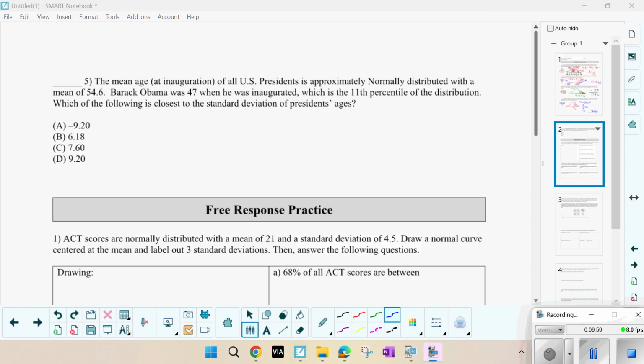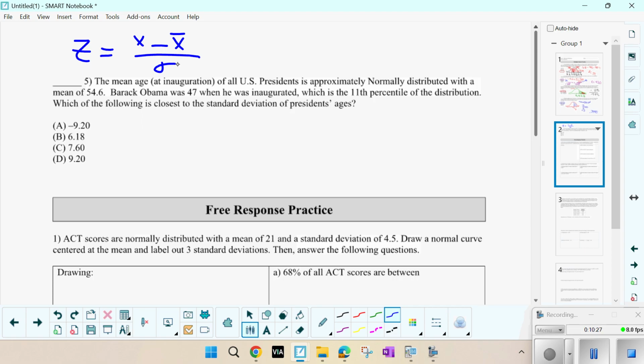To do this one, we know what the percentile is. What we don't know is the z-score or the standard deviation. So we are going to use our formula. The z-score is equal to the value minus the mean over the standard deviation. We know that the 11th percentile is when Barack Obama was inaugurated.